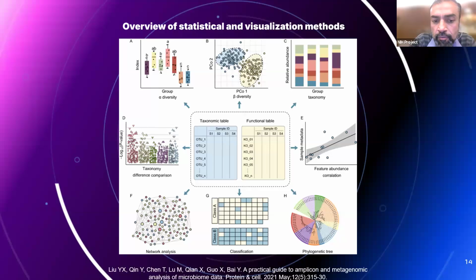How can we classify them into AMR or non-AMR groups? What are the taxonomy difference comparisons? All of these things would be understood once we get the genomics and the metagenomics analysis.